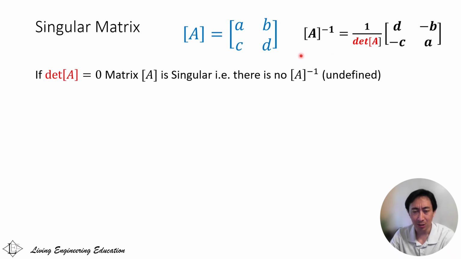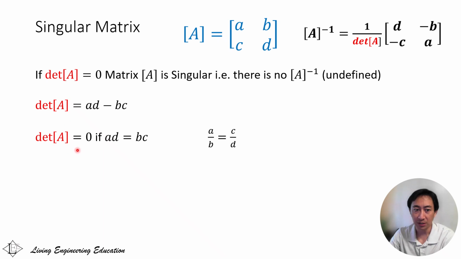Now, when might this happen? Well, we know that we can solve the determinant of a matrix by the cross product here minus this product here. So when A times D minus B times C is equal to 0, then we have a singular matrix, and we can't solve with the method that we solved before, right? And there is no inverse.